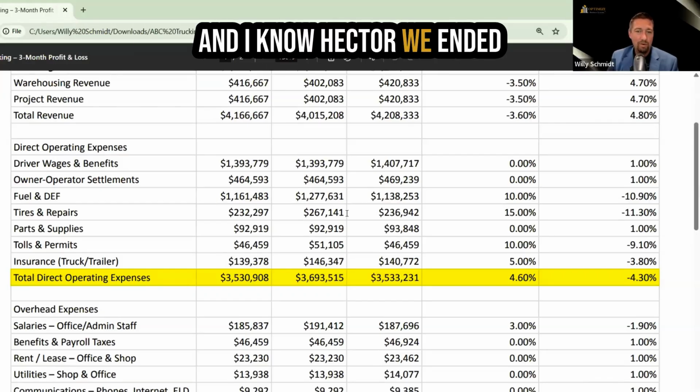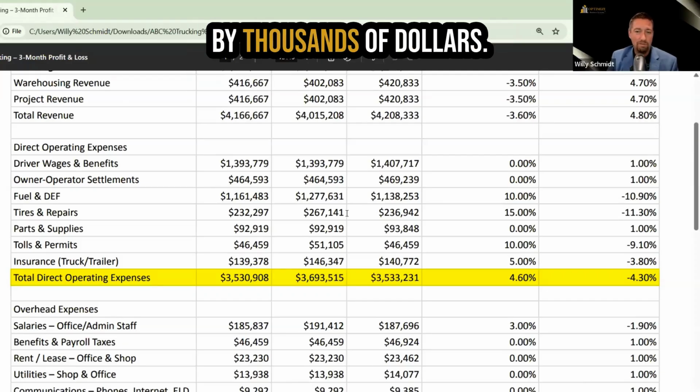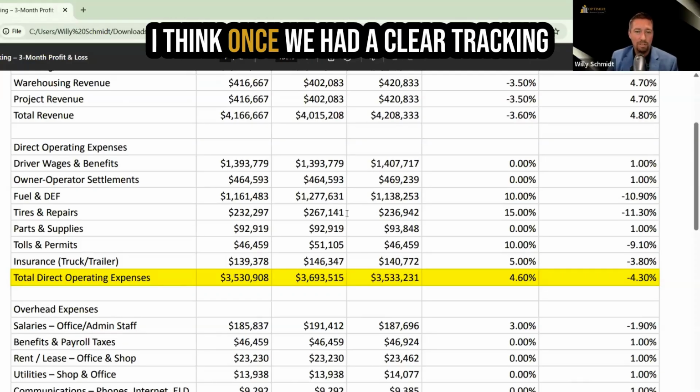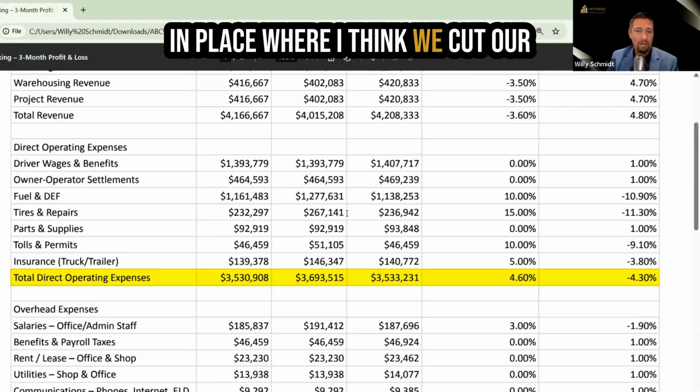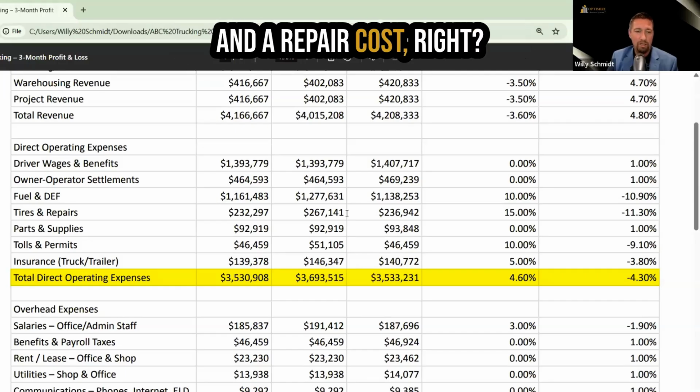And I know, Hector, we ended up cutting our repairs down by thousands of dollars. I think once we had clear tracking in place, we cut our costs down by 50 grand a month in our repair costs, right?